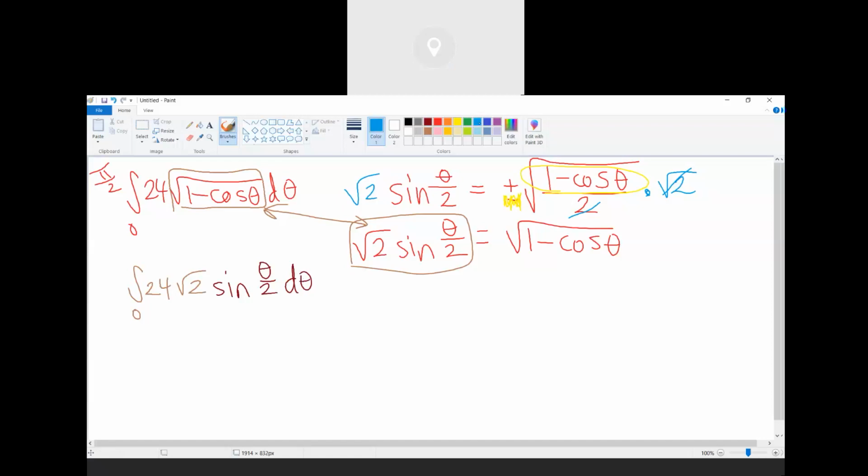We can use u substitution now. Let u equal to theta over 2, or 1/2 theta. Because when you take the derivative of both sides, you get du equal to 1/2 times d theta.